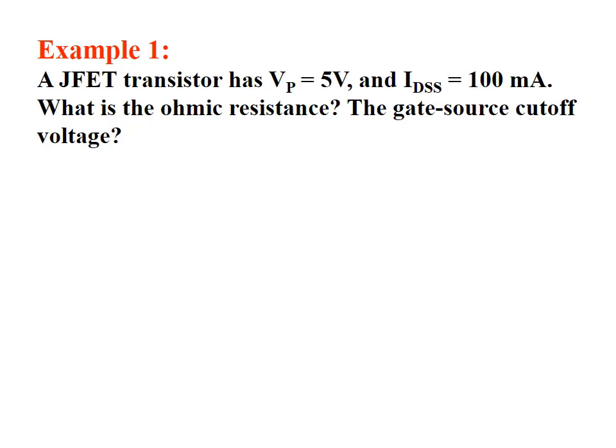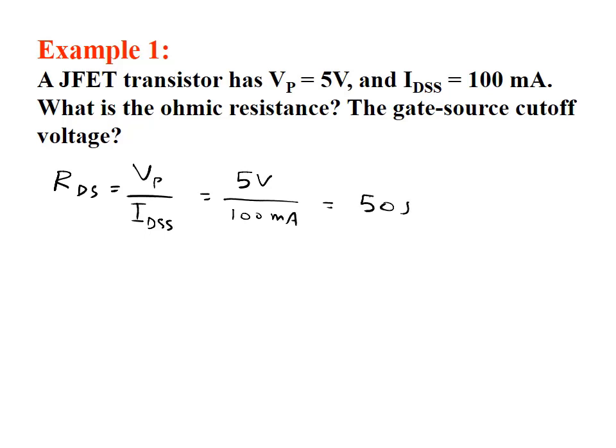We know from the previous slide that RDS equals the pinch-off voltage over the maximum drain current, IDSS. So for this example we have 5 volt as the pinch-off voltage, and the drain current is 100 milliamp. That will give us 50 ohm as the ohmic resistance for this transistor.